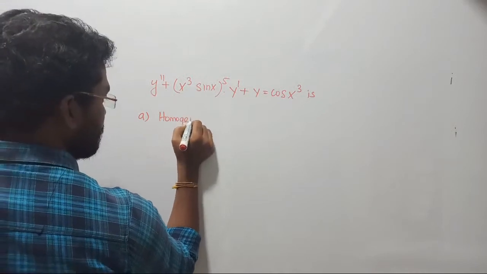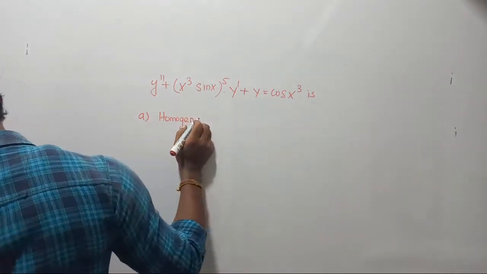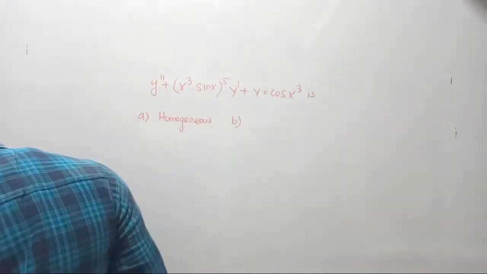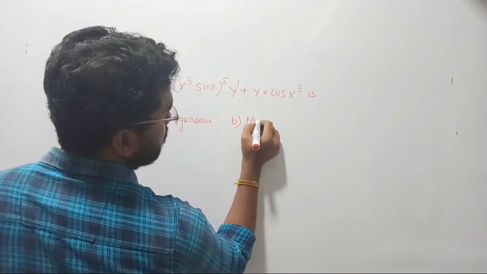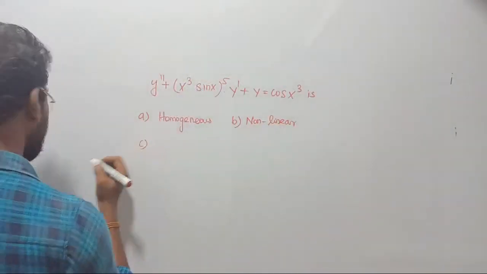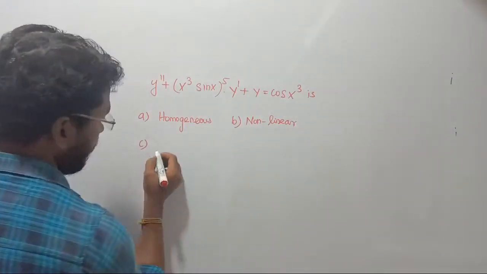Homogeneous, right? First option is homogeneous. Option B they said non-linear. Option C they said second order linear.